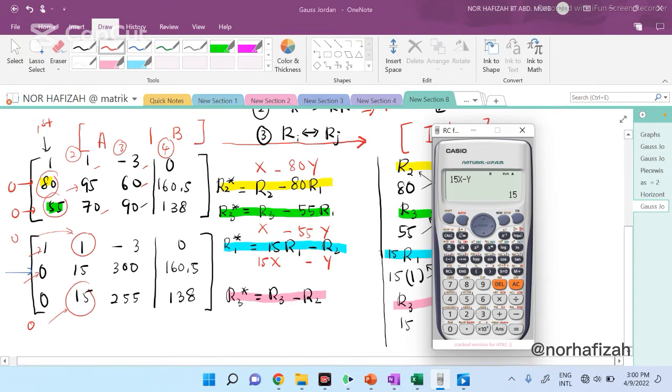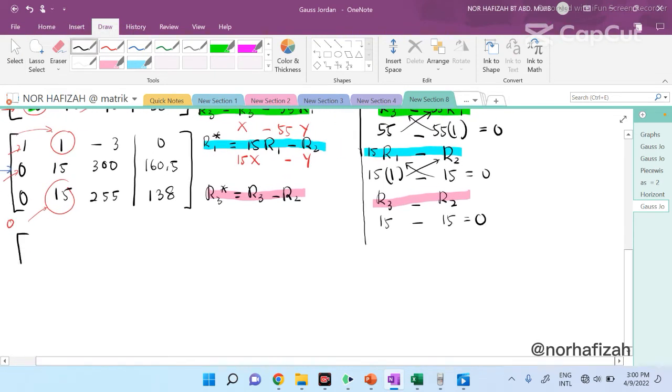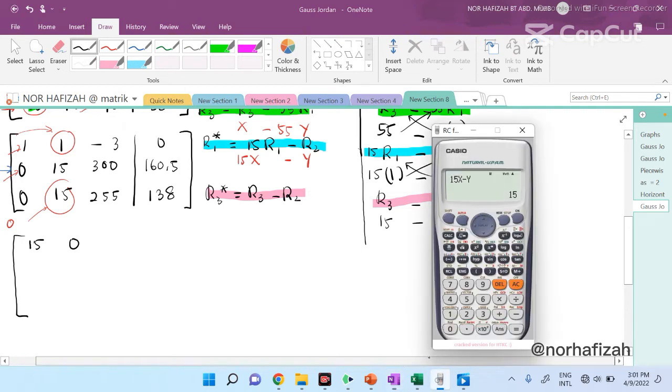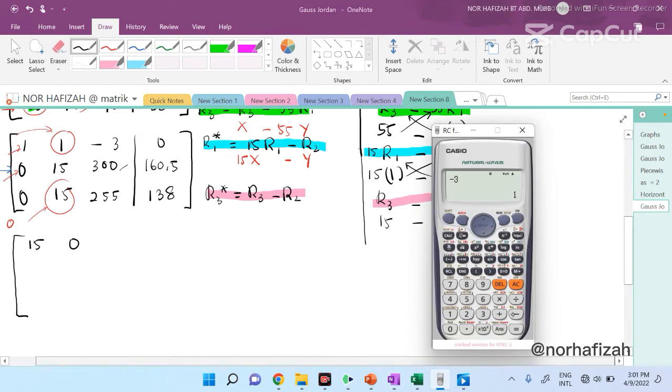So here we're going to write with the next one. New matrix. 15. Okay, this one confirm 0. Then negative 3. Here negative 3. Calculate negative 3. Then the second row is here 300. 300 for value of Y equal negative 345.